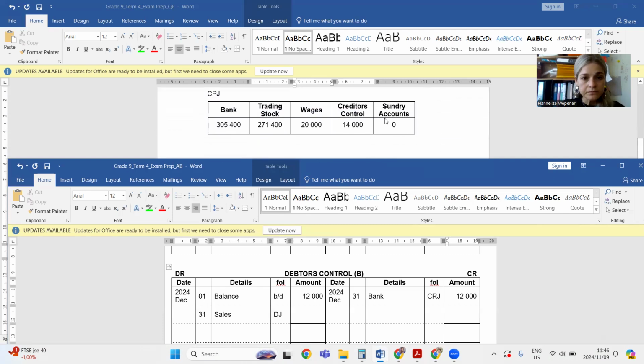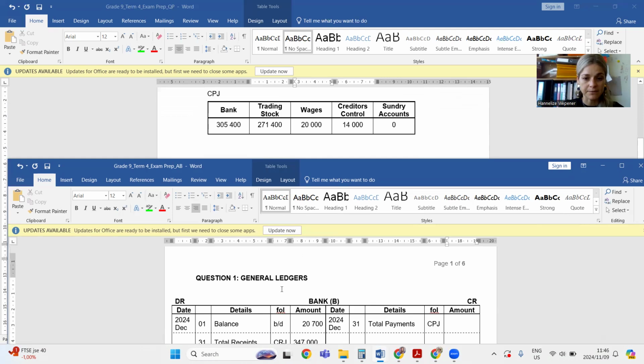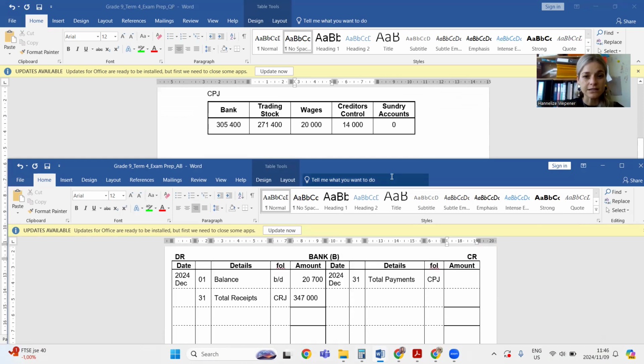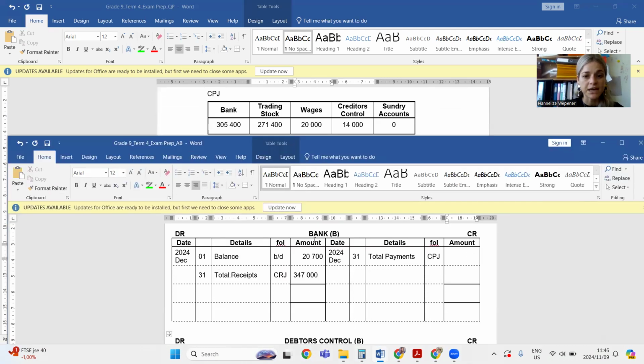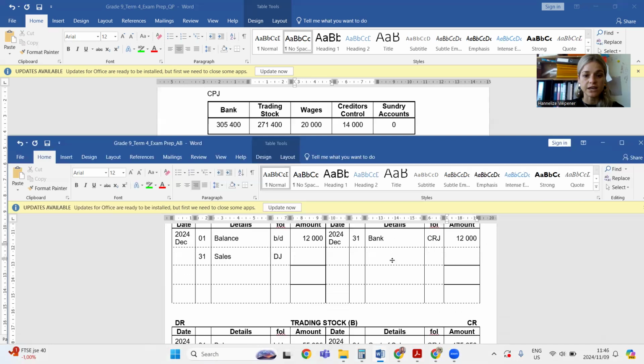Then CPJ. So in the CPJ, we now made payments. So we had to wait until the last day to see how much we paid out of our bank. So our bank is now decreasing with the total payments as recorded in the CPJ, 305,400. Right. Then what did we purchase and pay? We purchased trading stock.